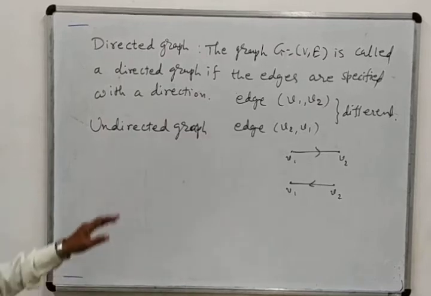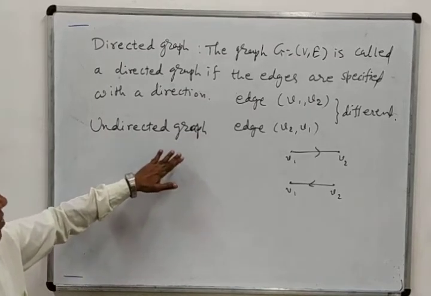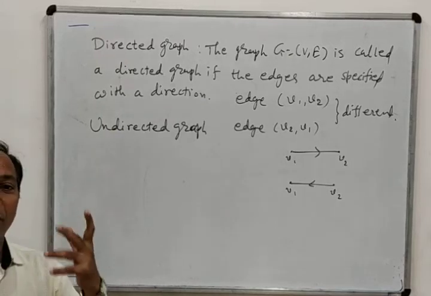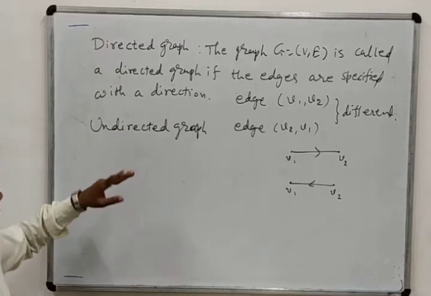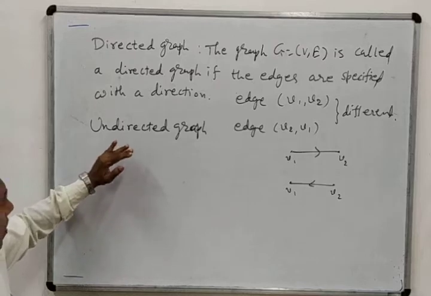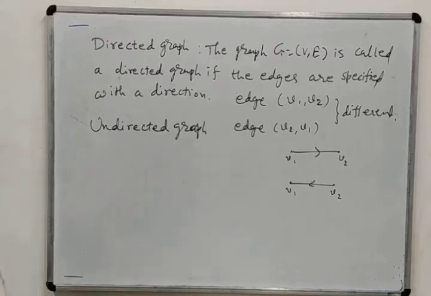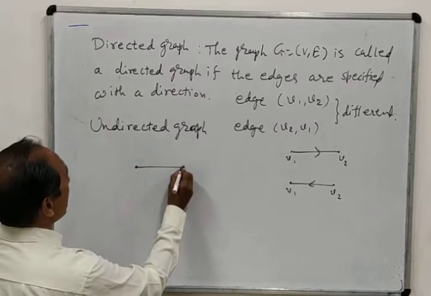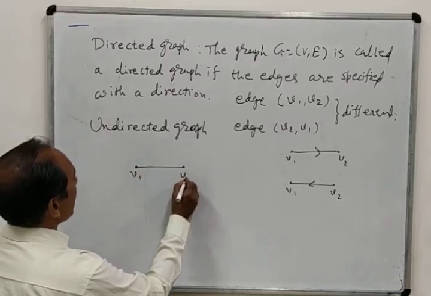Whereas in an undirected graph, all the examples of graphs we have seen in the previous lectures were examples of undirected graphs. That means there we are not specifying the direction of an edge between v1 and v2.